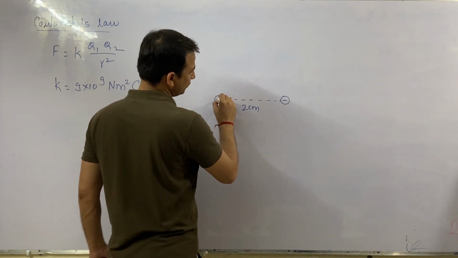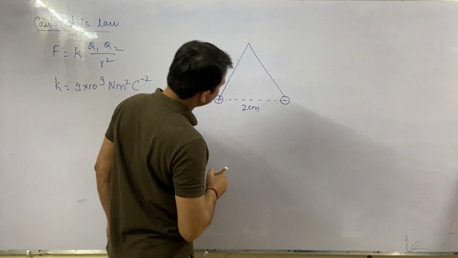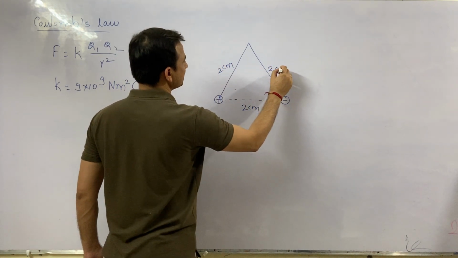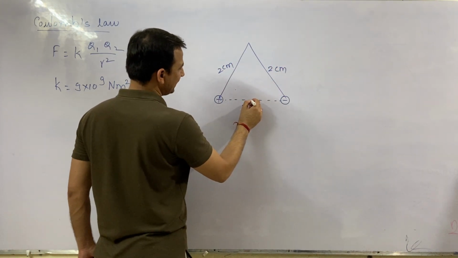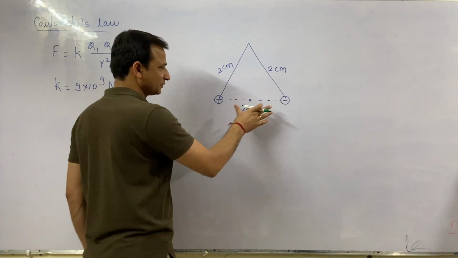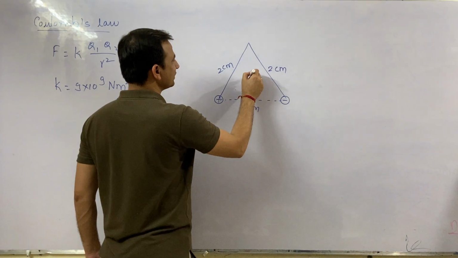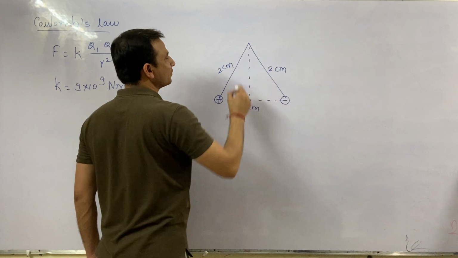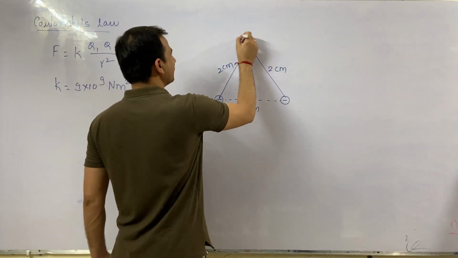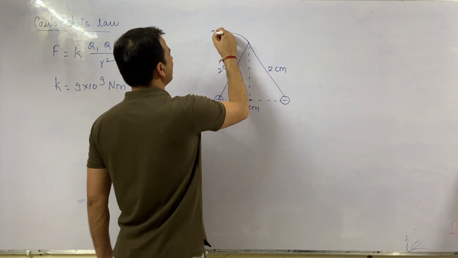I'm trying to make an equilateral triangle here, and this side is also 2 centimeter, this is also 2 centimeter, and this is the midpoint of the two charges. Above this midpoint is the vertex of this equilateral triangle, and at this point we have kept a point charge of, let's say, 2 microcoulomb.